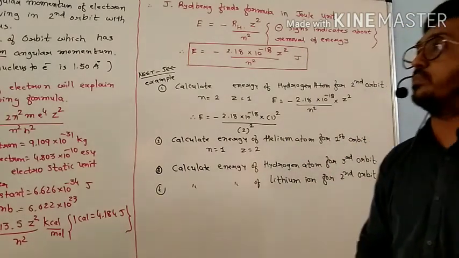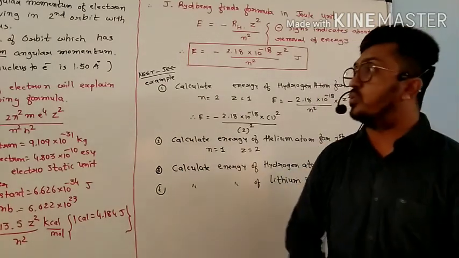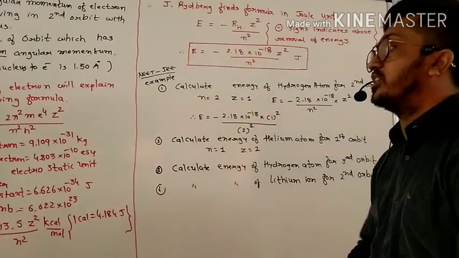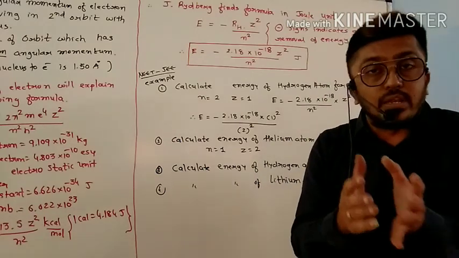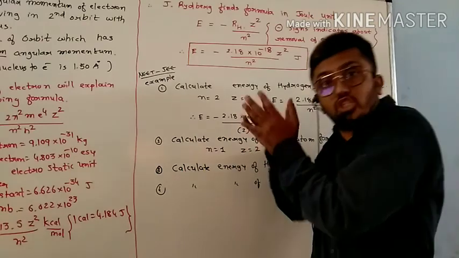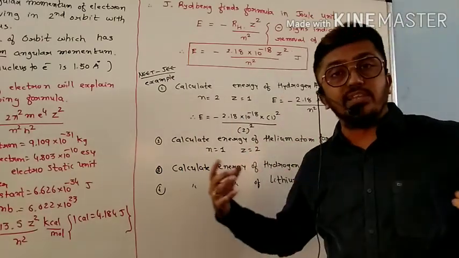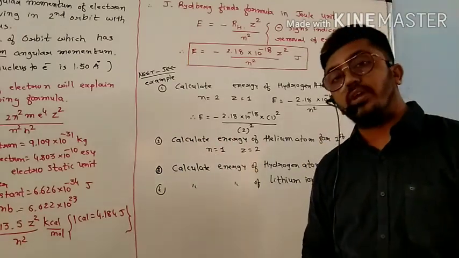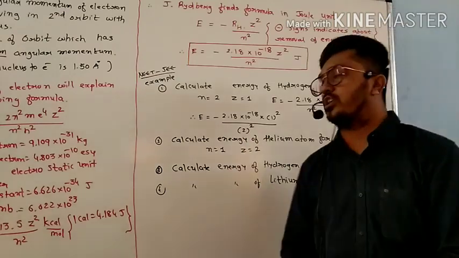You all have to calculate these NEET JEE type examples. Now we will go further in Bohr's atomic model part 3 and part 4 also. If we get a grip on this, we will solve many NEET and JEE MCQs from Bohr's atomic model.